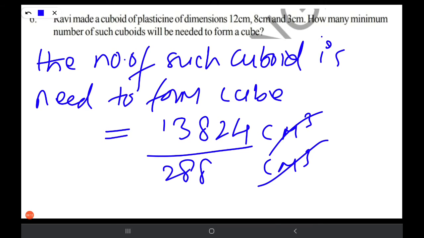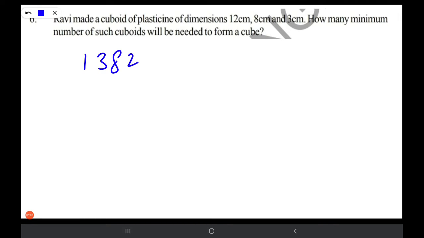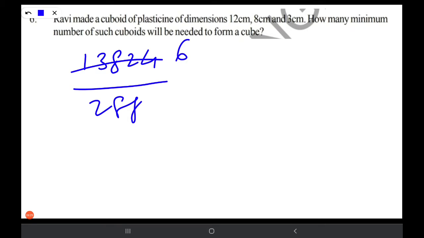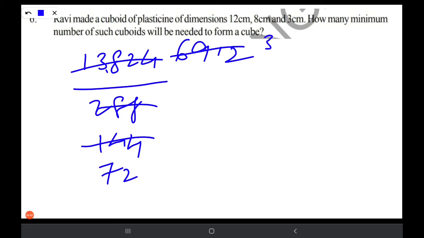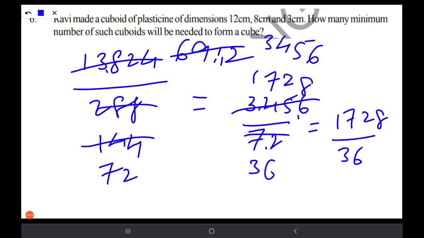So centimeter cube gets cancelled. Let us take the cancellation. 13824 by 288. 2 sixes are 12, 1 is remaining; 2 nines are 18, 2 ones are 2; 2 twos are 4; so 13824 by 288 becomes 6912 by 144, and then 3456 by 72. 2 threes are 6, 2 ones are 2, 2 sevens are 14, 2 twos are 4, 1 is remaining, 2 eights; so 1728 by 36.